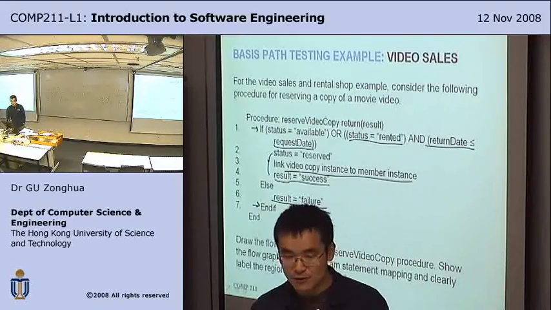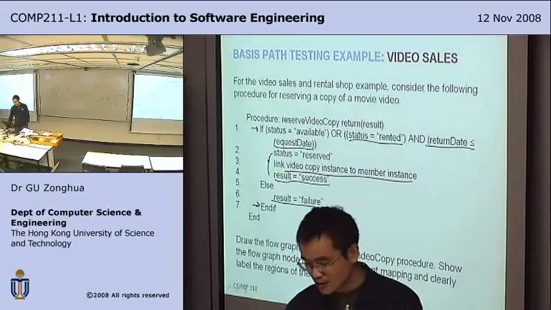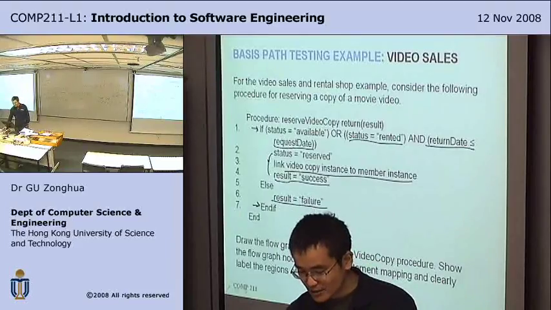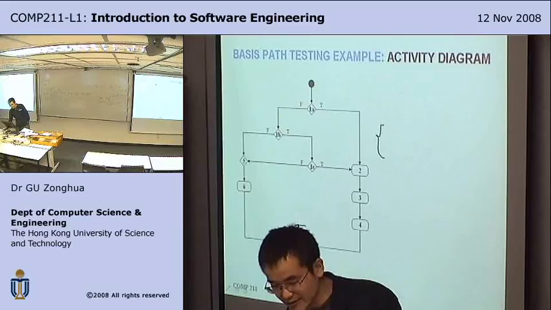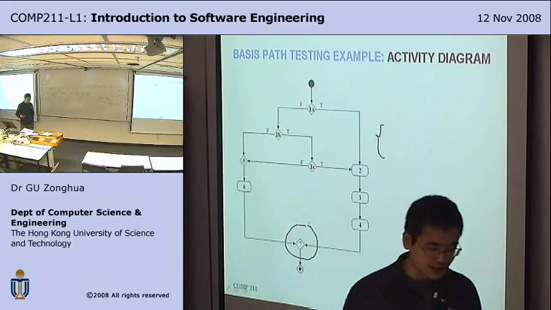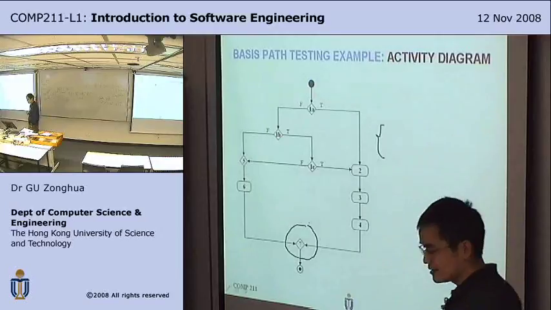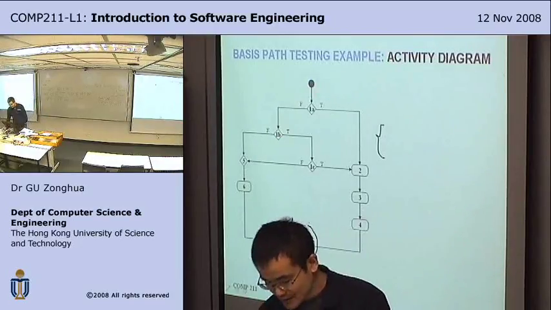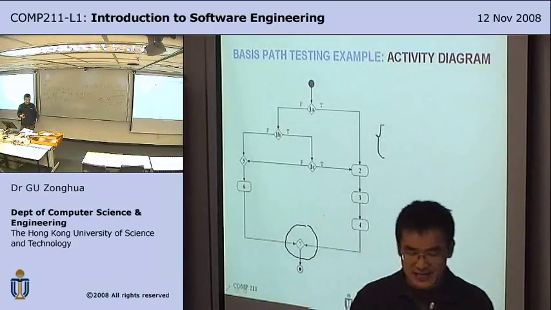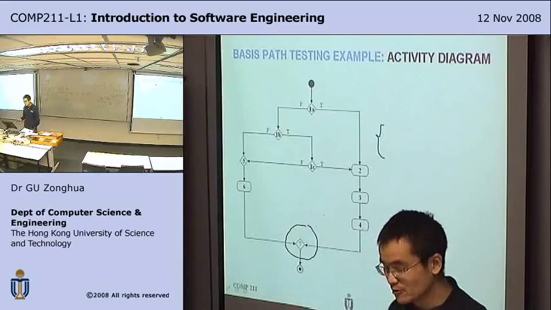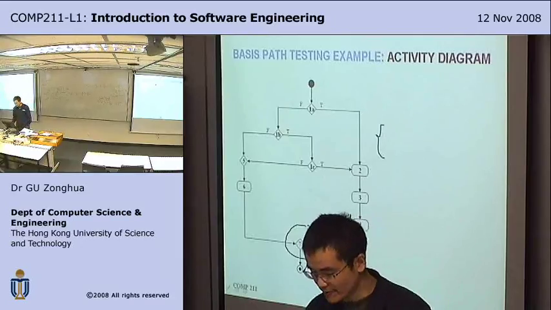You only have an open parenthesis, close parenthesis. So in that case, you should draw a flow graph node, say 7, representing perhaps the close parenthesis, even though it may not occupy a separate line, just to indicate that it is a distinct location where control flows merge into a single control flow.